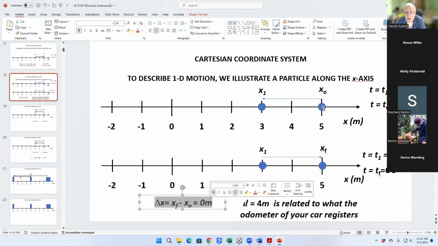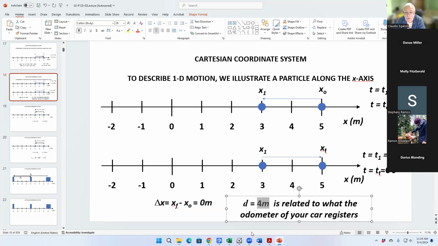The distance traveled is 2 meters plus 2 meters, 4 meters here. And delta t is going to be 6 minus 0. So it would be 4 divided by 6 meters per second, which is 2/3, 0.666. Do you see the difference now between velocity and speed?